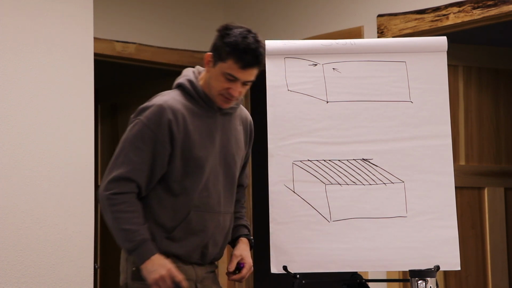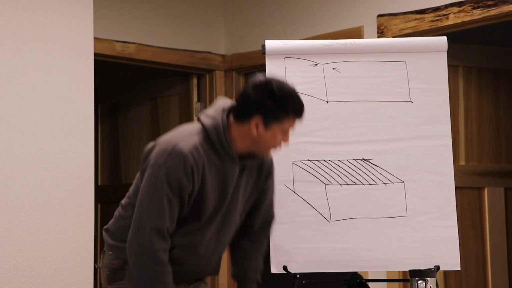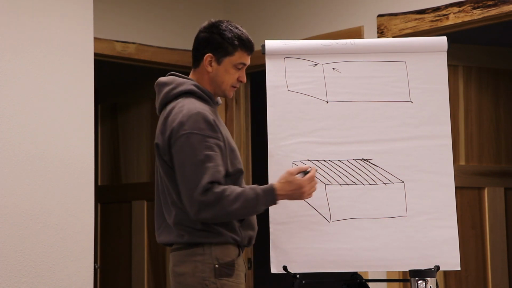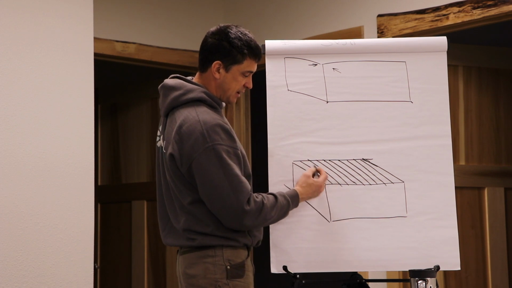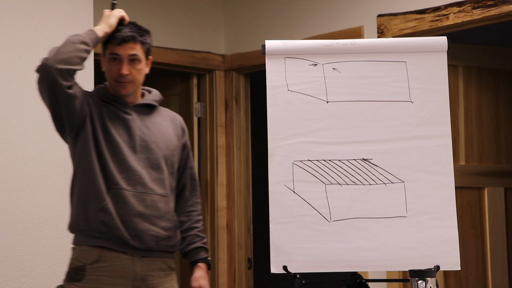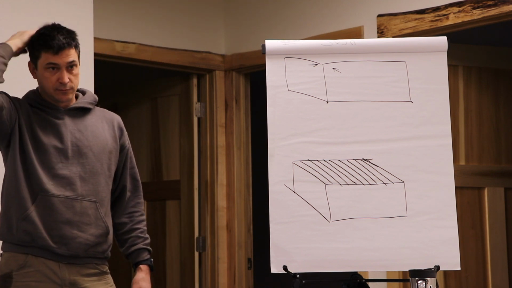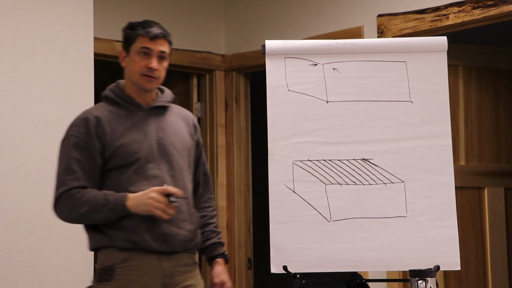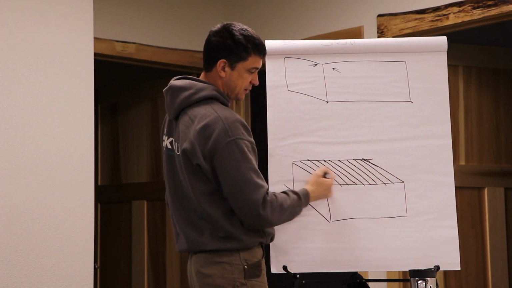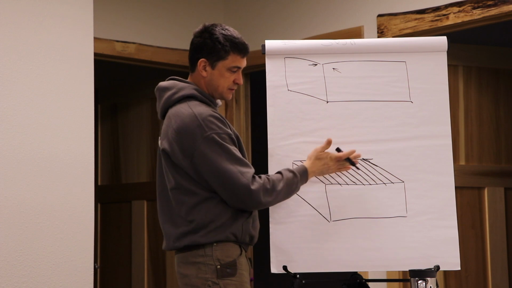In the old days, when we used 1-inch boards, you'll see this in a lot of houses, they would run the sheathing diagonally. Why would they do that? Diagonal bracing. Yeah, exactly.